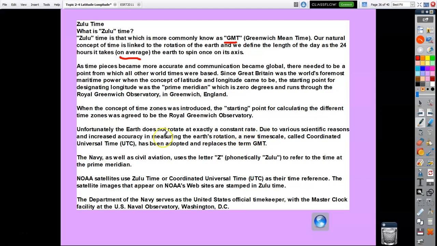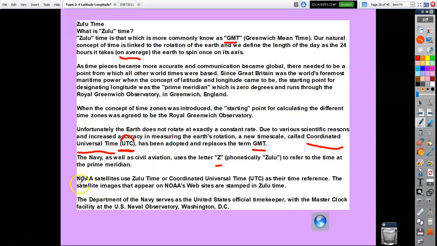Due to various scientific reasons and increased accuracy in measuring the Earth's rotation, a new time scale called Coordinated Universal Time, or UTC, which you'll see often, has been adopted and replaces the term GMT. The letters are written differently from the way you say it: the C comes first in Coordinated Universal Time, but it's written UTC. The Navy, as well as civil aviation and the military, uses Z, phonetically Zulu, to refer to the time at the prime meridian.